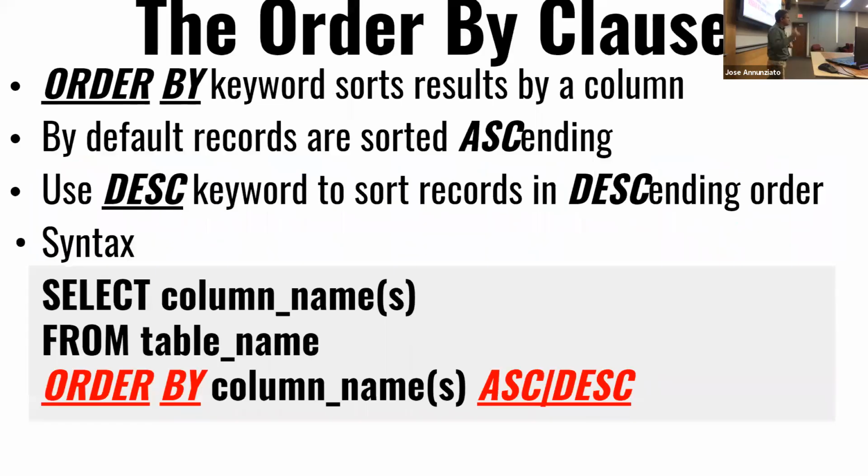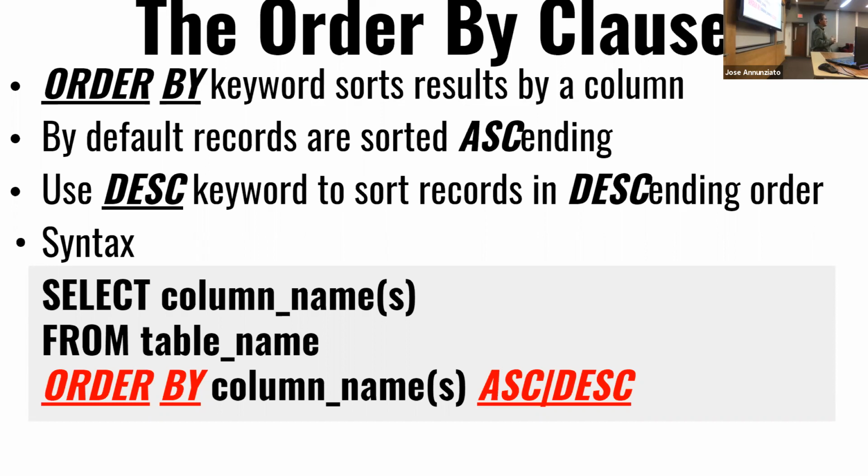So order by, as I mentioned earlier, doesn't actually sort the data. Instead, once it extracts the data, it will order it for you for your visual consumption, right? You might want to sort it by last name or by date, some criteria. Now, by default, it orders in ascending order.